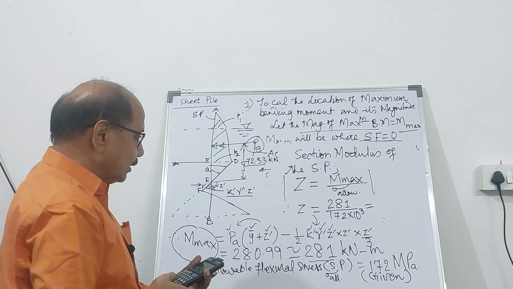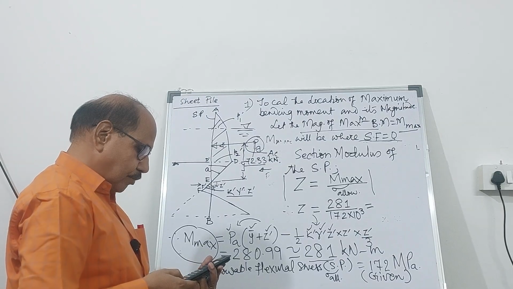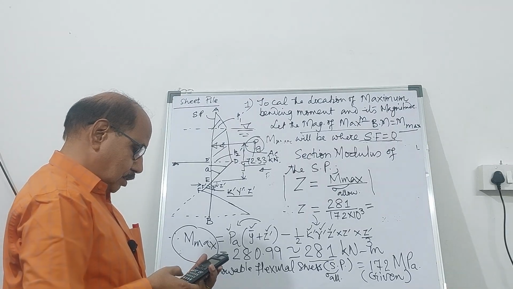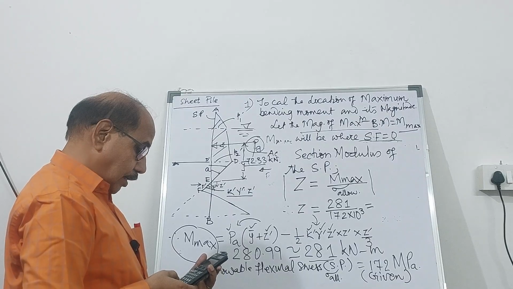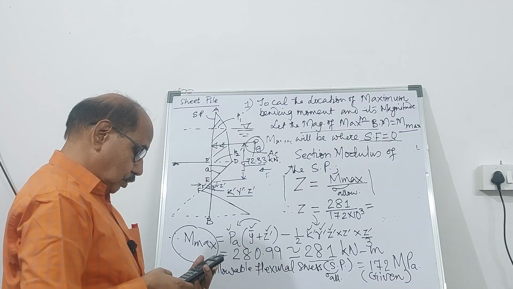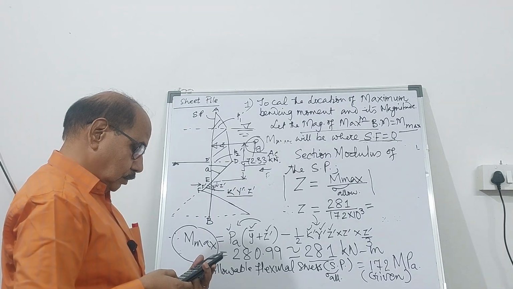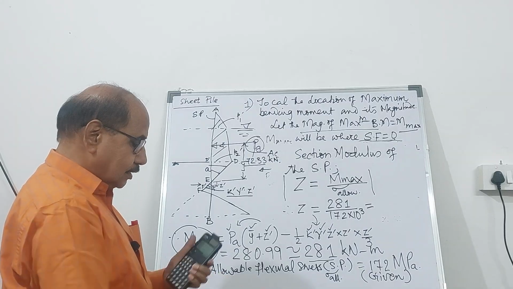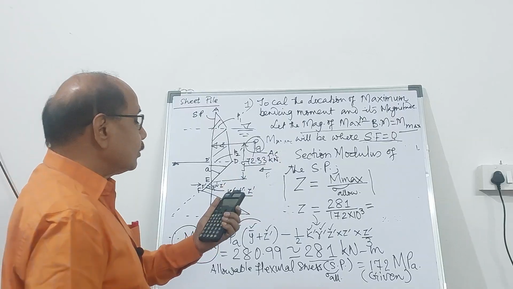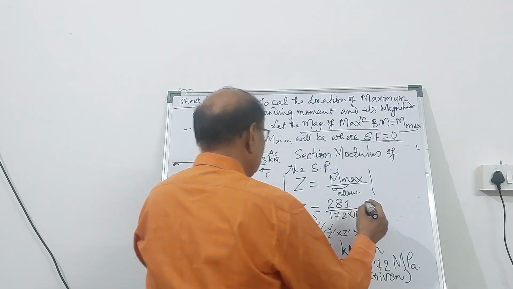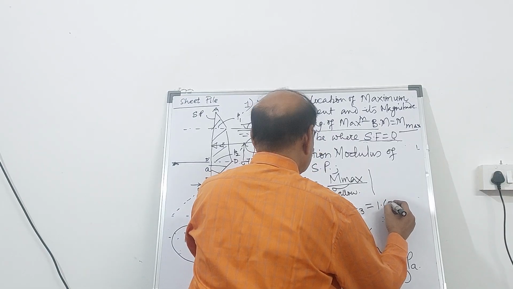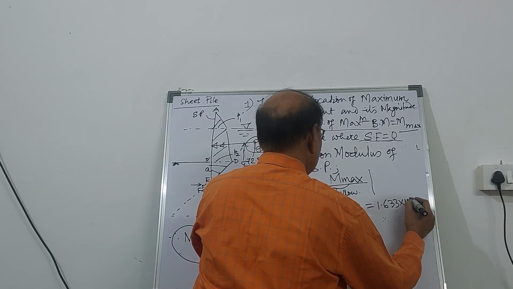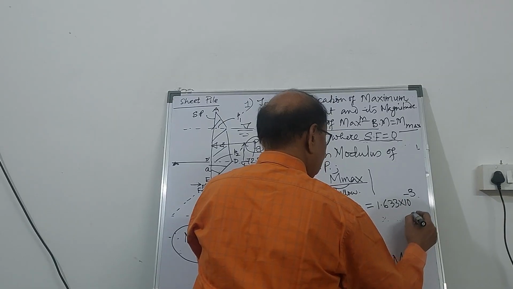It is 281 divided by 172 times 10 raised to 3, which gives me 1.633 into 10 raised to power minus 3 meter cube.